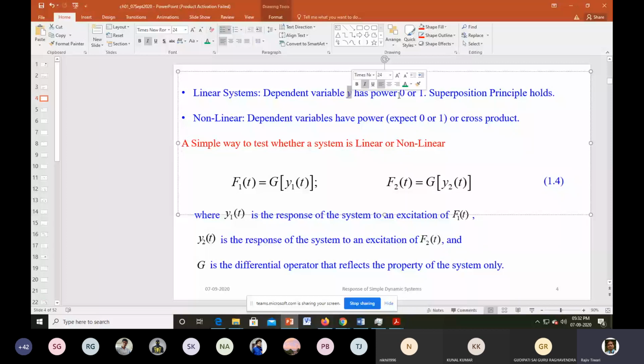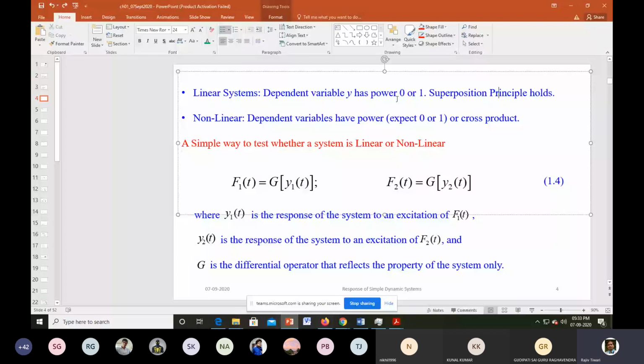The highest power will be 1, and nothing in between. Either it will be 0, where the term is constant, or 1. And when this is there, the principle of superposition is valid. I'll be explaining what the principle of superposition is.